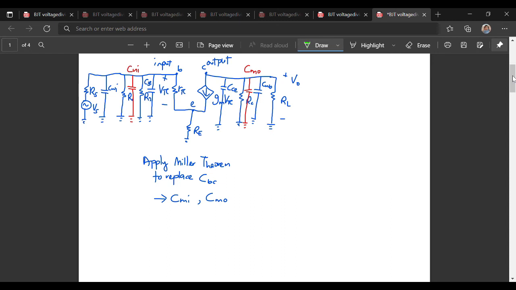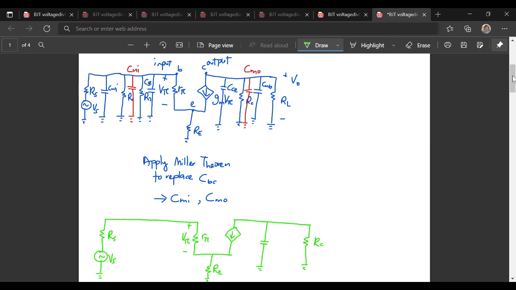So I just draw the capacitor at the output, RC parallel with RL, and the capacitor is C Miller output plus CCE, plus C wiring output.